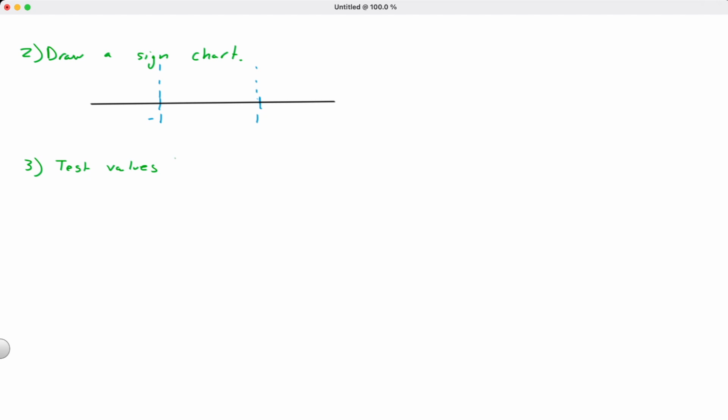So test a value from this region, test a value from this region, and test a value from this region to determine the sign. And so for instance, we might pick a value like negative 2 to represent this region here. We might pick a value like 0 to represent this region here, and might pick a value like positive 2 to represent this region here.